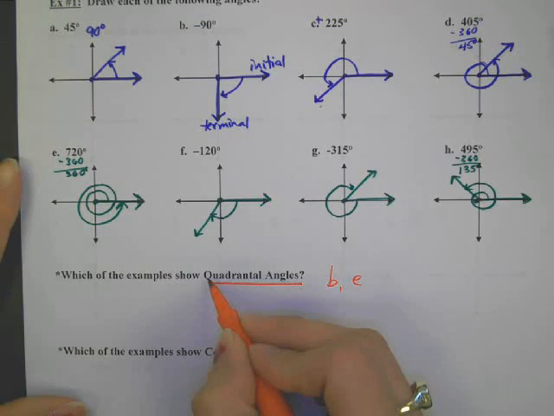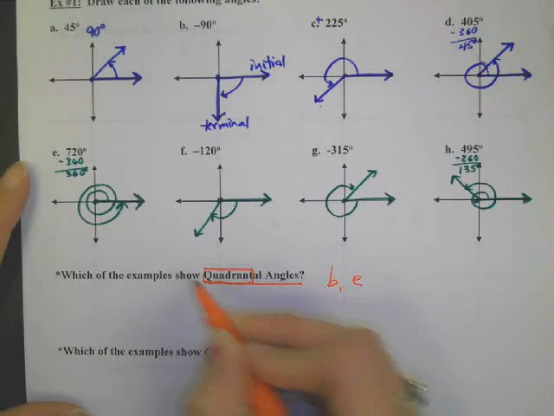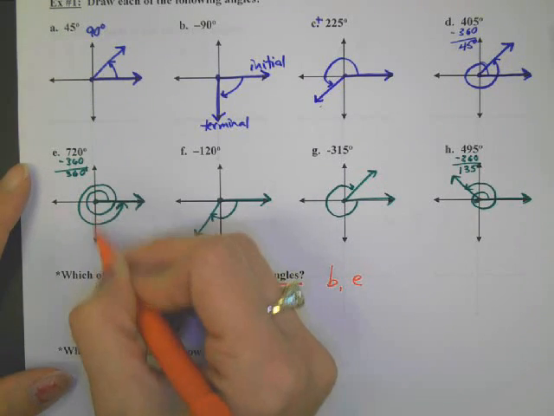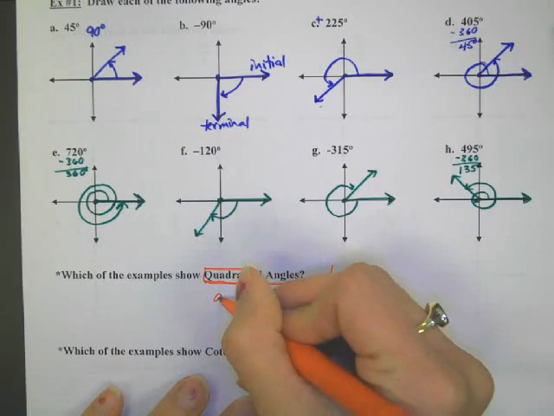A quadrantal angle: they stop on one of the axes, the axes that form the quadrants.